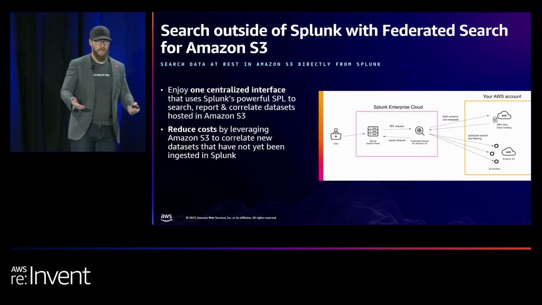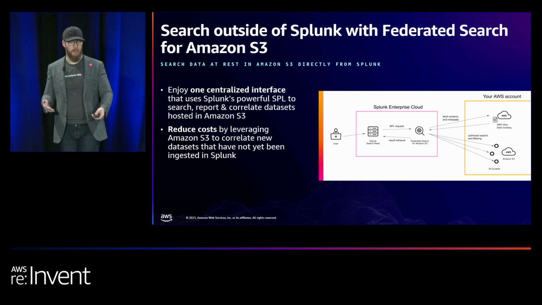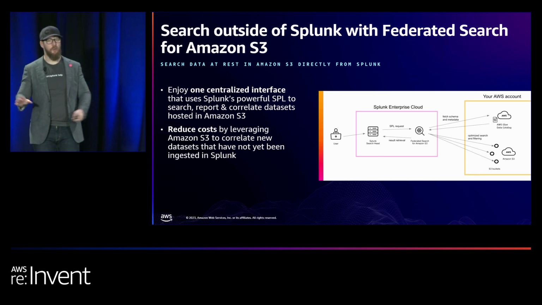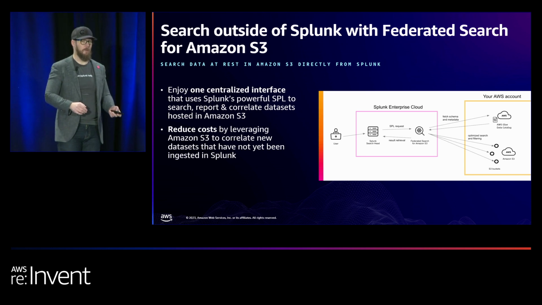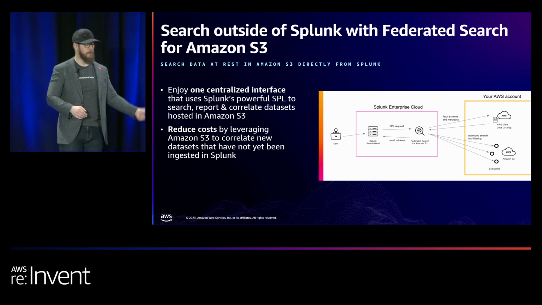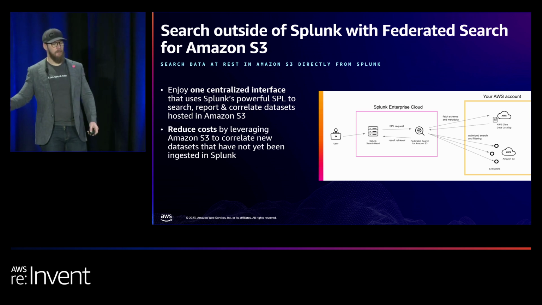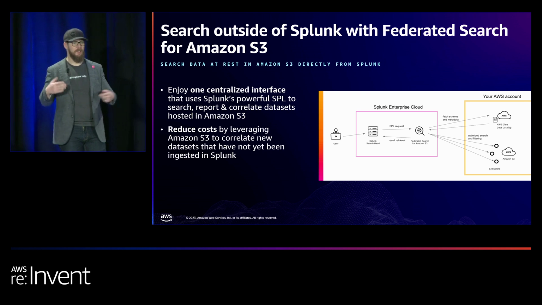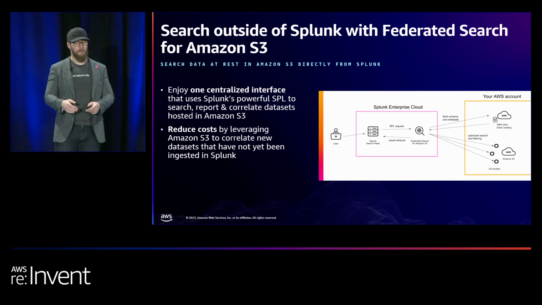So one of the things that we talked about earlier and we are able to do now with Splunk is search outside of Splunk, meaning you don't have to index the data in Splunk to search it, with federated search for Amazon S3, meaning if you sent something to an S3 bucket and you or your security team or somebody else needs to pull that back, we allow you to do that now directly from your S3 buckets. And it's one centralized interface. It's the SPL that if you're already a Splunk customer, you know how to use. So it's very, very simple and intuitive to get started and use.